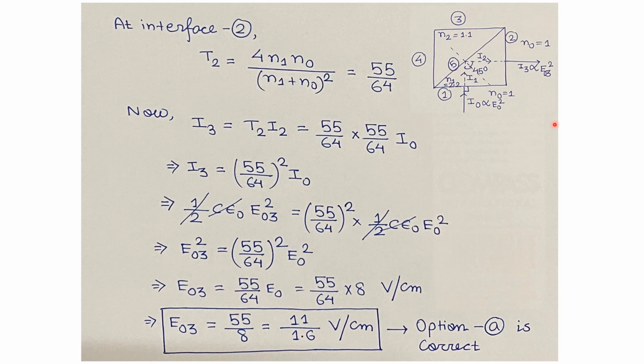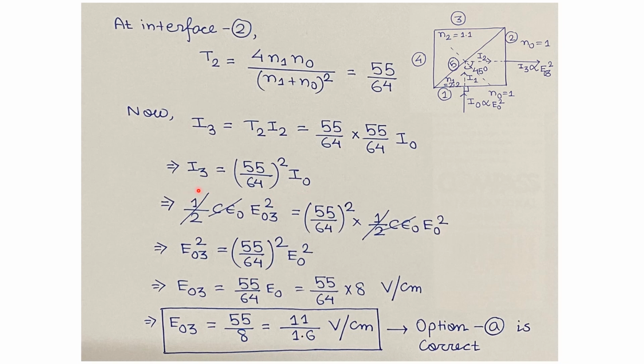Now the intensity of the EM wave in region 2, given by I3, is basically T2 times I2. T2 is 55 by 64, and I2 we calculated in the previous slide, that is 55 by 64 I0. So your I3 is (55 by 64) whole square multiplied with I0.